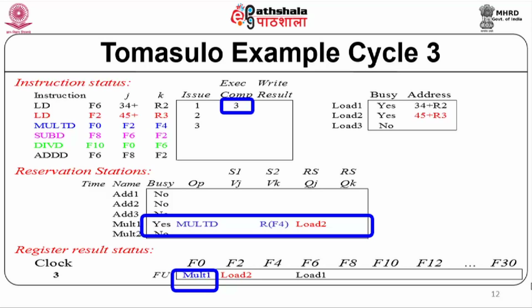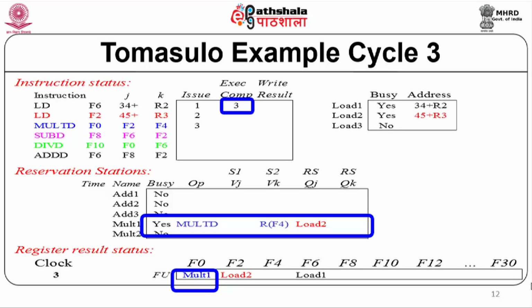One is F4, the other one is the contents of F2. F4 is already available, so you read the contents of F4 and store it into your VK value. But as far as your VJ value is concerned, that is not available. The first operand is dependent on the second load instruction, so we indicate in the QJ field that load 2 has to produce a result for our mull instruction.